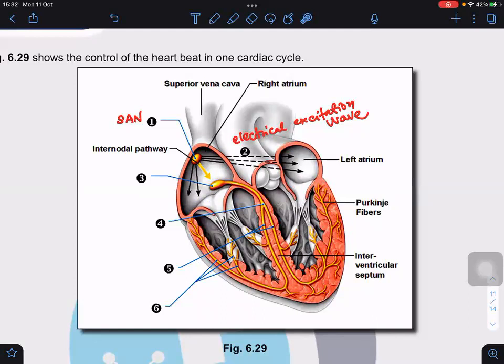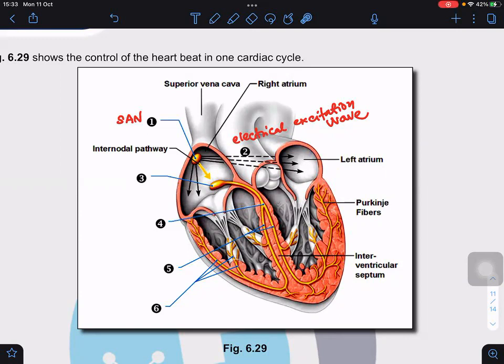But in terms of the delay, it is not much. That's why we say that they contract almost simultaneously. Now this is at the atrium. This excitation wave here, between the atrium and ventricle, we have no conducting fiber. So if there is no conducting fiber, can it spread down?